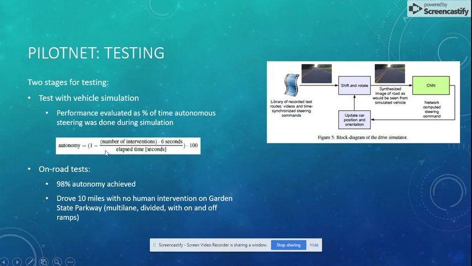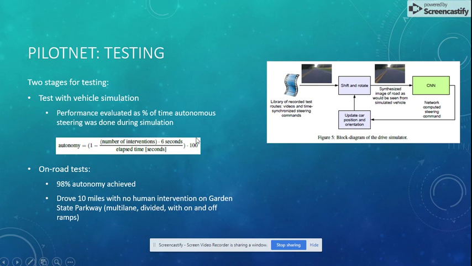The performance metric used here is the percentage autonomy, which is the percentage amount of time that autonomous steering is done. The formula for autonomy is shown here.